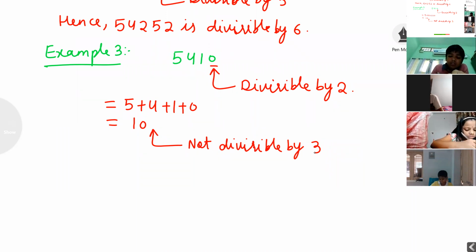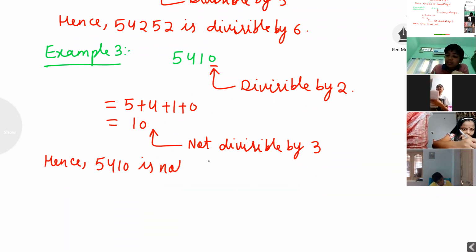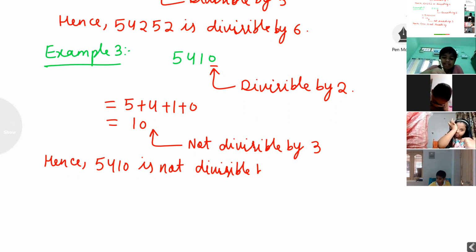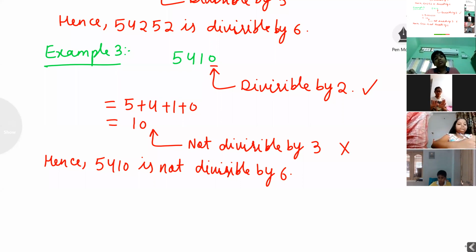Hence, 5,410 is not divisible by 6, because this number is divisible by 2 but not divisible by 3. Are you getting my point, students?